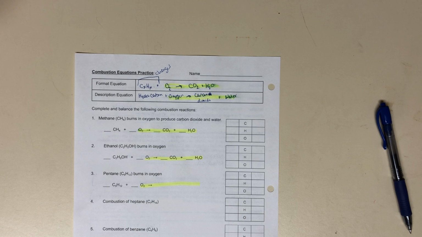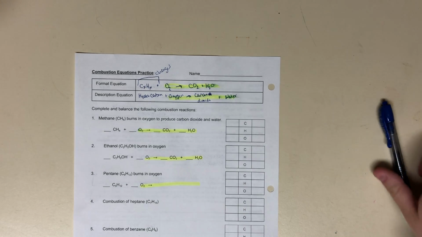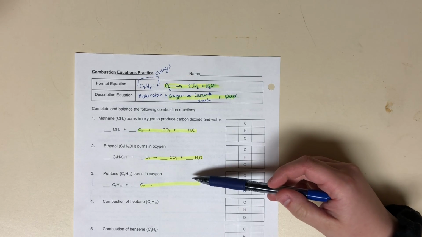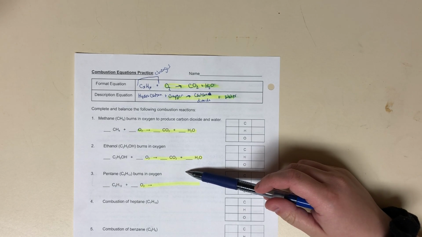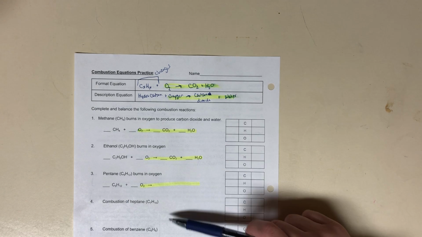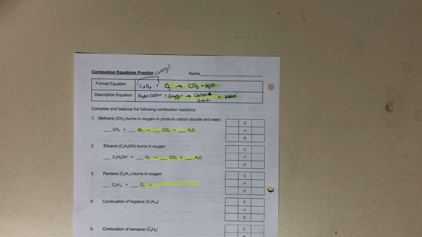Okay, so now we're going to talk about how to balance these because they are kind of tricky to balance. We're going to start with them written out where we're just practicing balancing. Then we are going to move along to having them partially written out for us, and then you're going to write them up yourself. But I believe in you. You can definitely write these up.